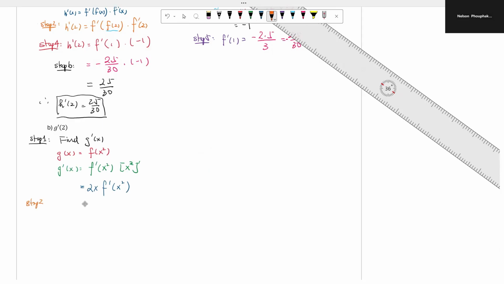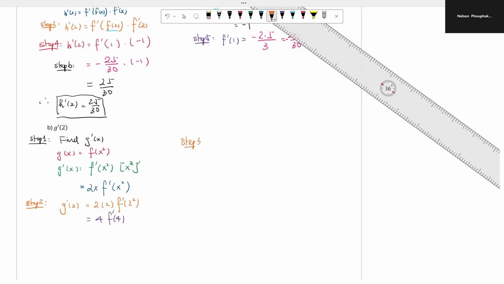Then step 2, we would like to find g prime of 2. So we will replace all the x with 2. Then I will have 4 times f prime of 4. Now go back to the graph.